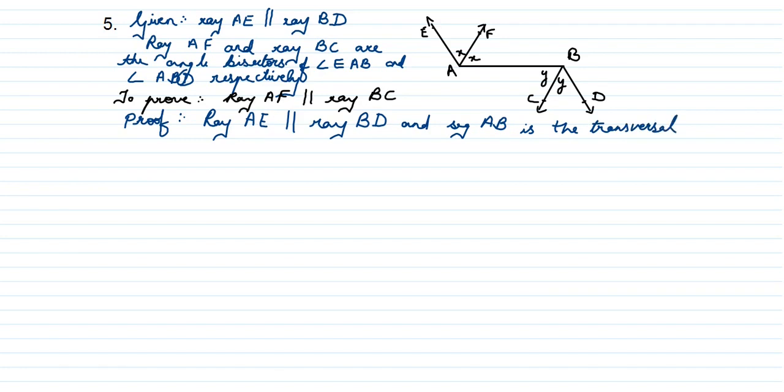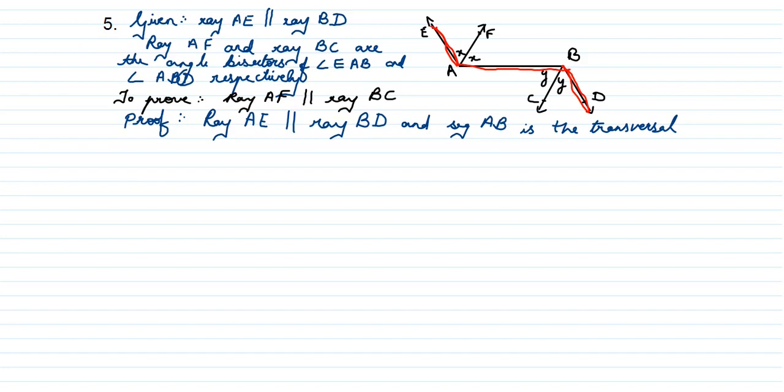Now if you see over here, we have written ray AE, this ray, is parallel to ray BD, this ray. So these are the parallel lines, and this seg AB is the transversal.